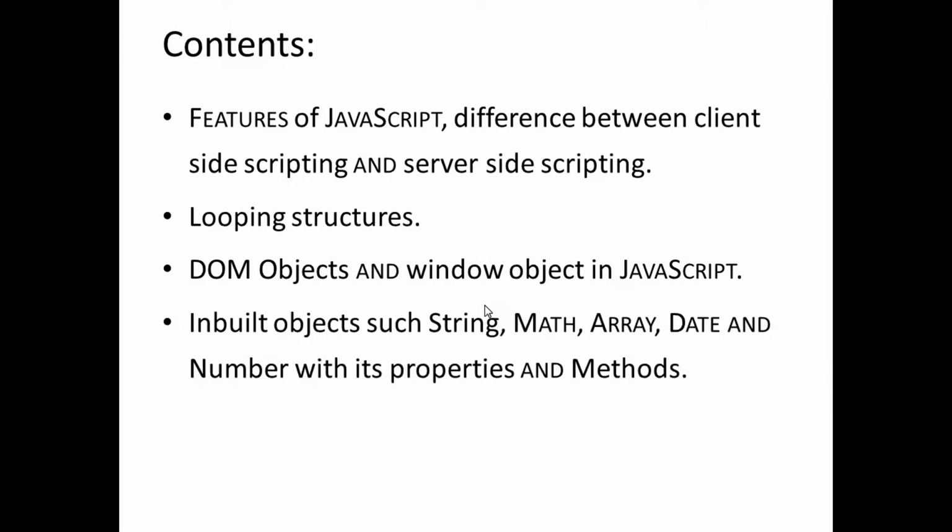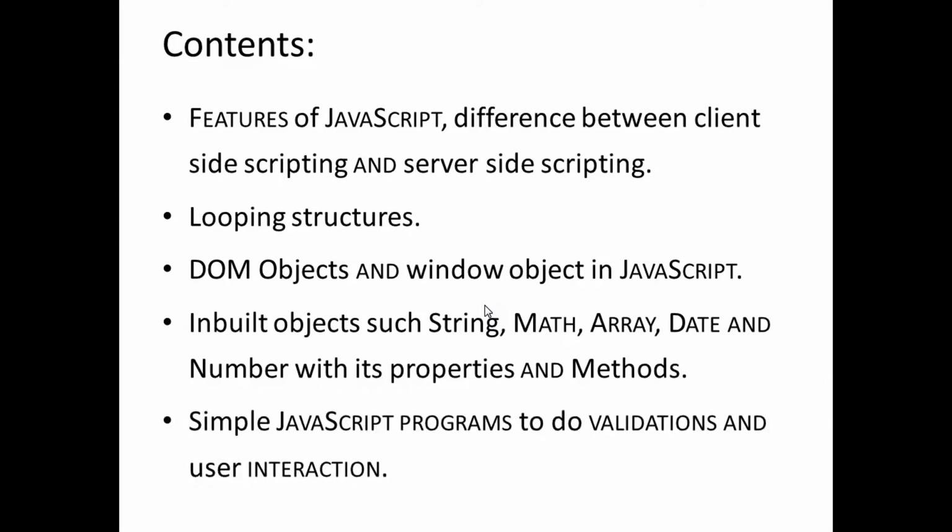Then inbuilt objects such as string, math, array, date, and number with their properties and methods. And lastly, we are going to see simple JavaScript programs to do validations and user interaction. So all these are the contents of your chapter number 3, Advanced JavaScript.